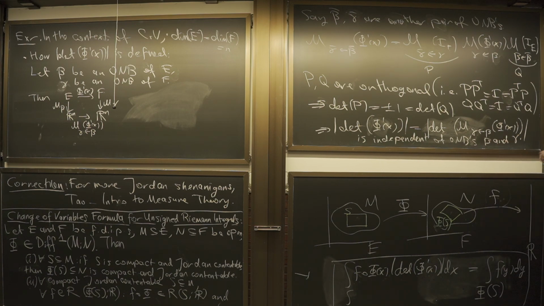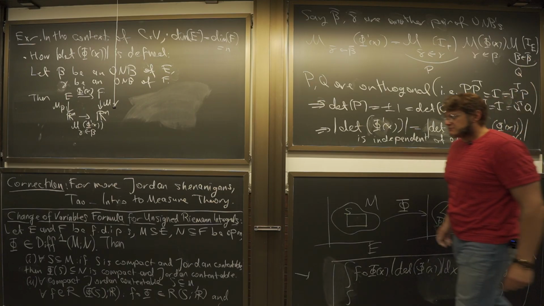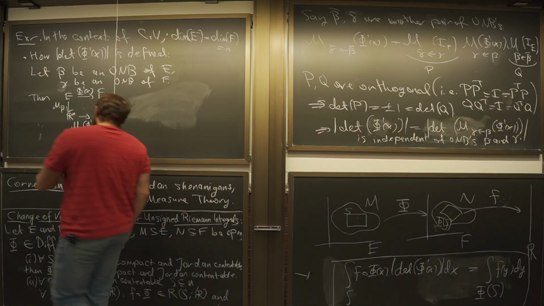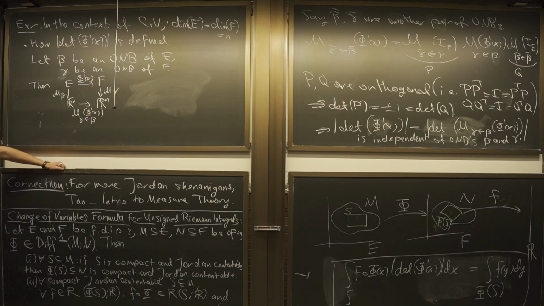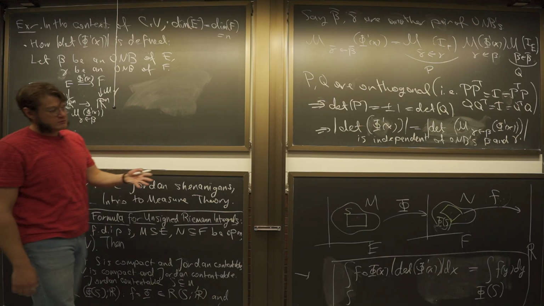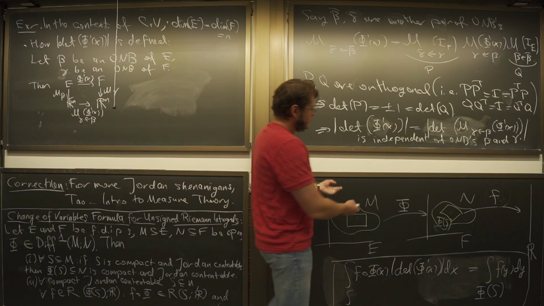What is the exercise? The exercise is to go through these again and convince yourself that these really work the way I mentioned. Again, let me reiterate. How can we think about this?